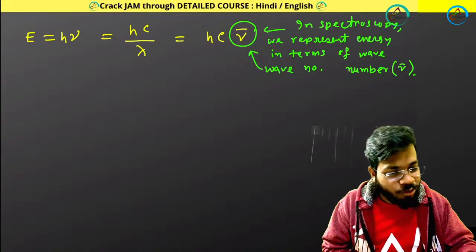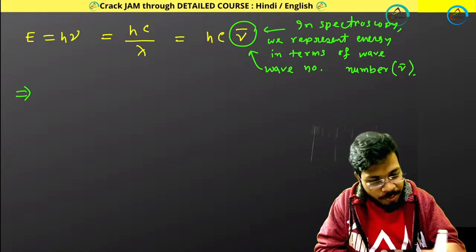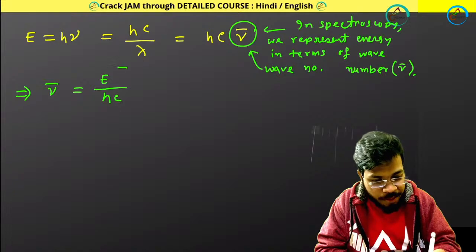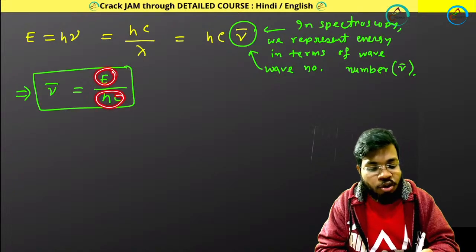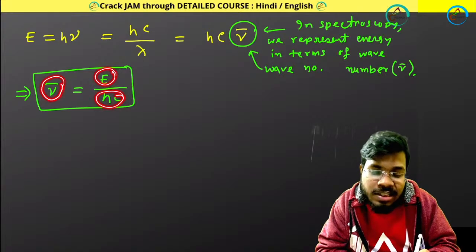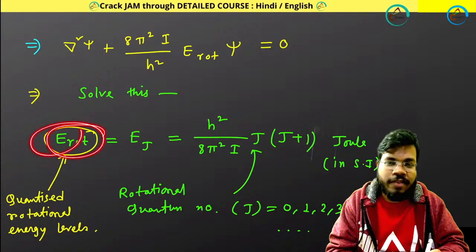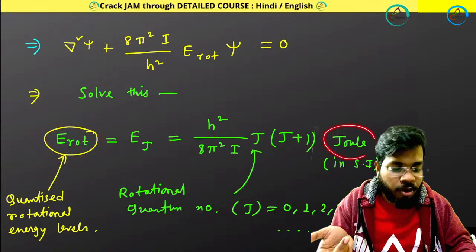If I want to represent this energy with wave number, calculate wave number from here. Nu bar will be E divided by hc. If you divide your energy by hc, you will get your energy value in wave number from joule.